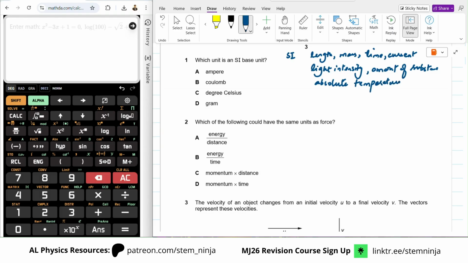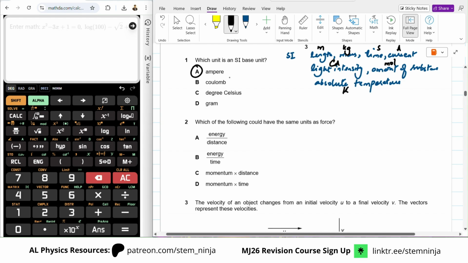And we also know their units. This is meters, this is kgs, this is seconds, this is ampere, this is candela, this is mole, this is kelvins, sorry, capital K. So the base unit from this would be ampere. The rest are derived.